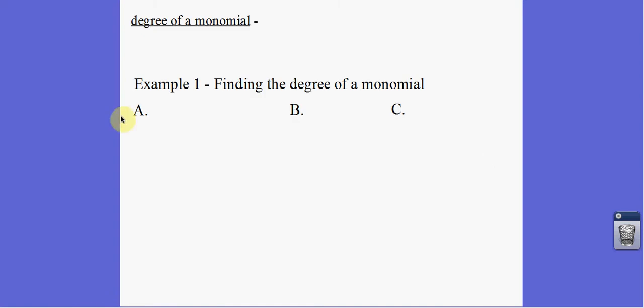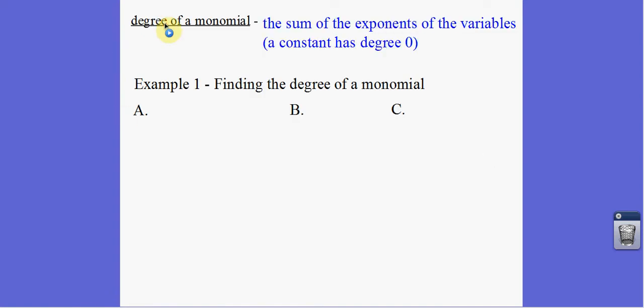Alright, the degree of a monomial. Well, the degree of a monomial is the sum of the exponents of the variables. If I wanted to find the degree of this particular monomial right here, negative 2, a to the second, b to the fourth, I would add 2 and 4, the exponents on the variables, and my degree would be 6.